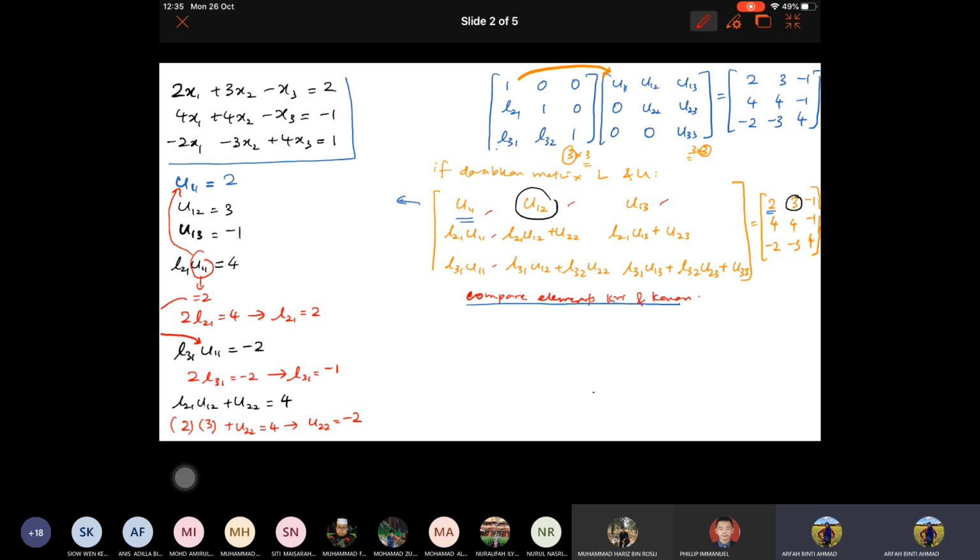So tengok yang mana lagi yang awak boleh settlekan yang awak dah tahu nilai dia. Kalau yang the third one yang bawah dia tu pun boleh. Sebab L31, tapi tak boleh. Sebab L31 dah tahu, U12 dah tahu, L32 tak tahu, U22 pun dah tahu. So kita boleh ambil equation tu.